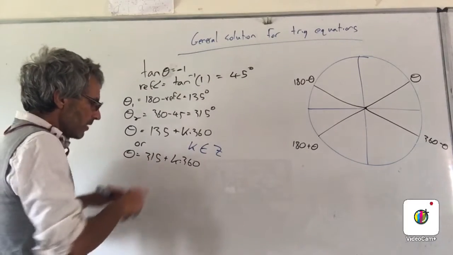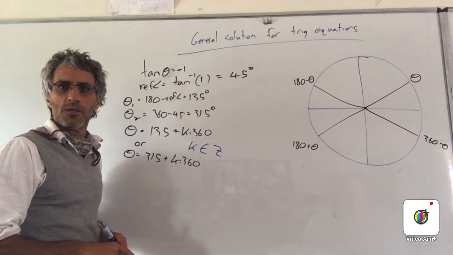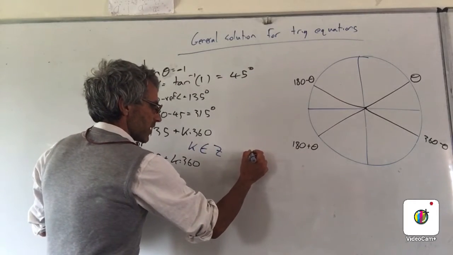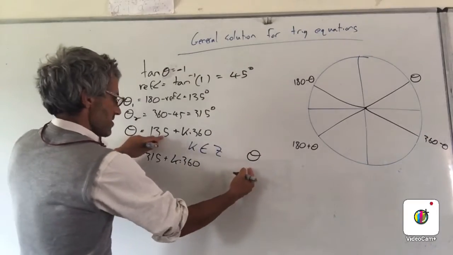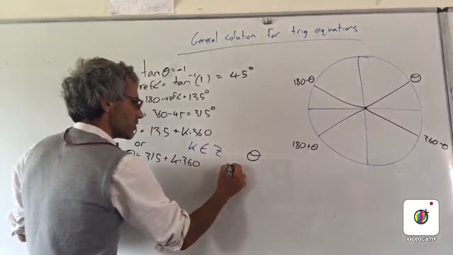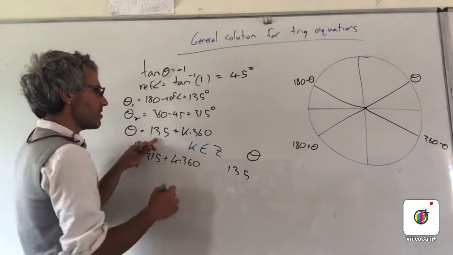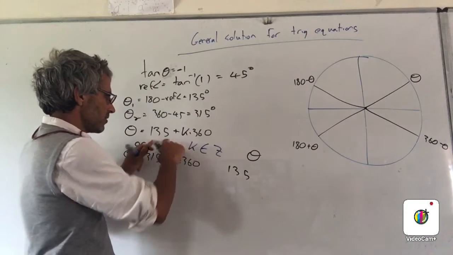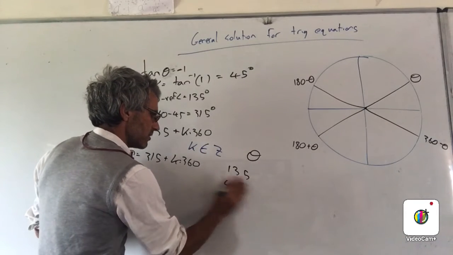Let's start writing our answers. Here I'm going to write these ones, and here I'm going to write that one. The first one is 135. What will be the next one? 495.